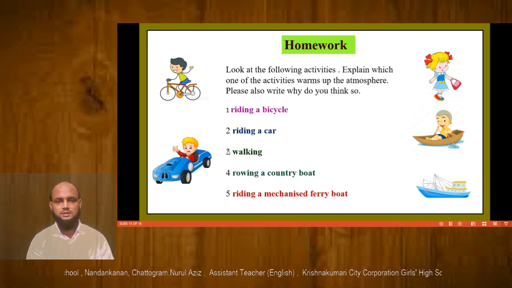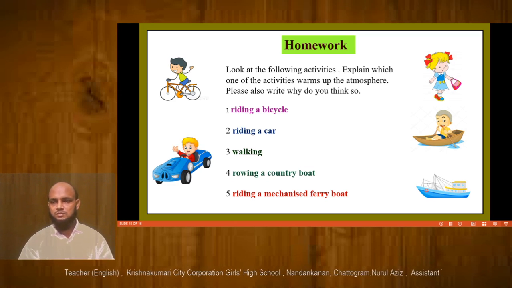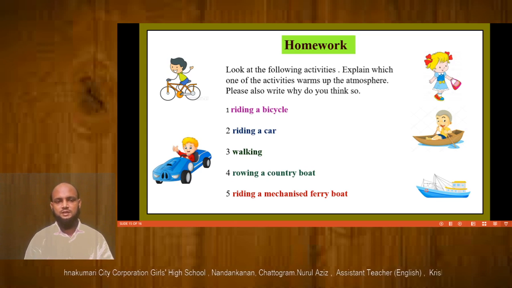Look at the pictures and the following activities. Explain which one of the activities warms up the atmosphere. We are talking about the warming up of the atmosphere. Please write why you think so.